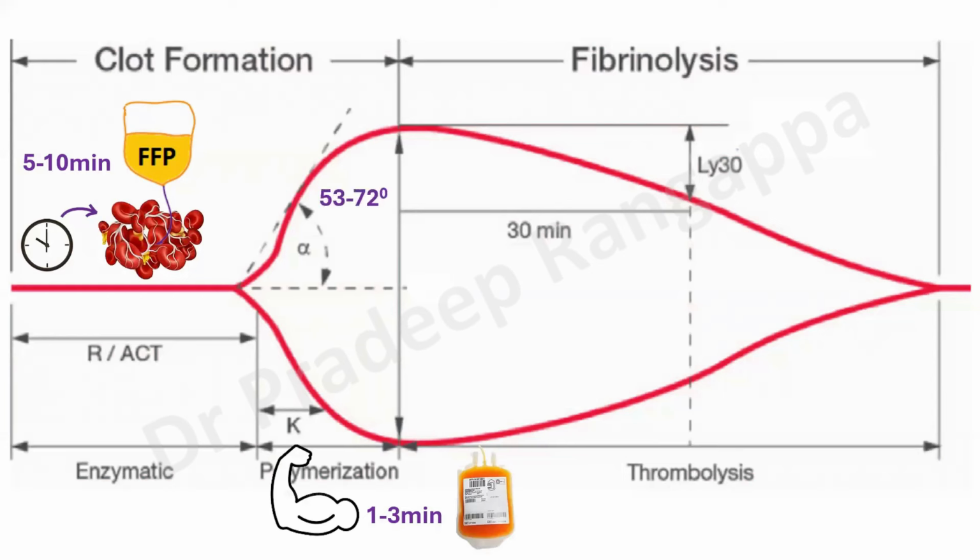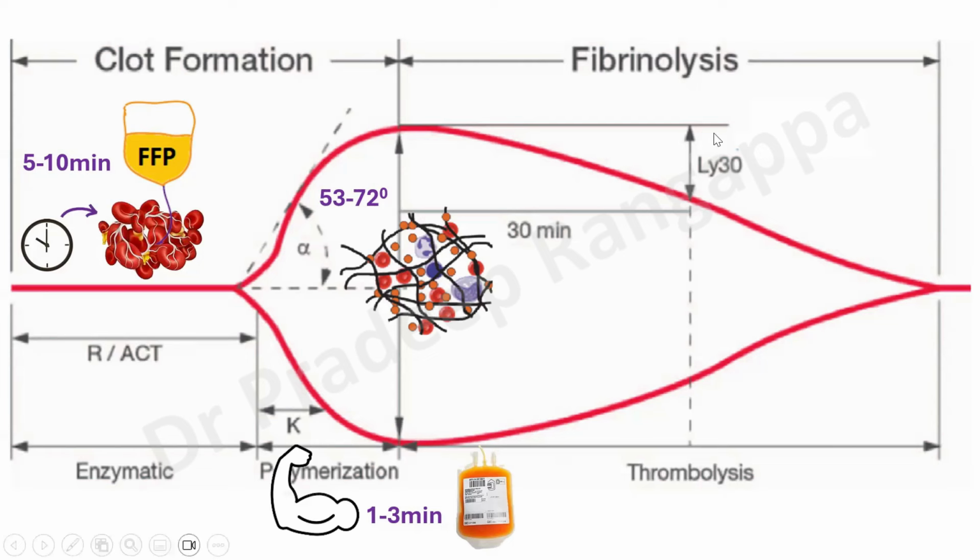And this is the angle of clot polymerization, which has to be 53 to 72 degrees, and it is the speed of fibrin formation. If there is an aberration in this angle, then the therapy of choice would be fibrinogen or cryoprecipitate. So these are the distinctive components of the TEG which one should bear in mind.